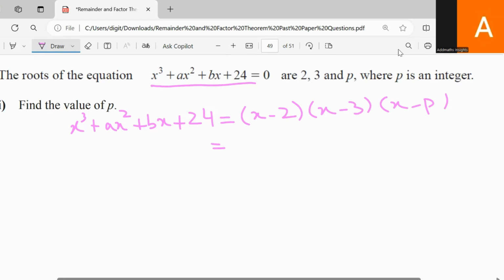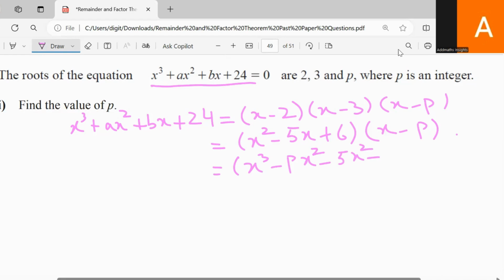Now you can multiply them, expand it, and when you expand, your answer is x squared minus 5x plus 6. Now you can again multiply it. x cubed minus px squared minus 5x squared plus 5px plus 6x minus 6p.